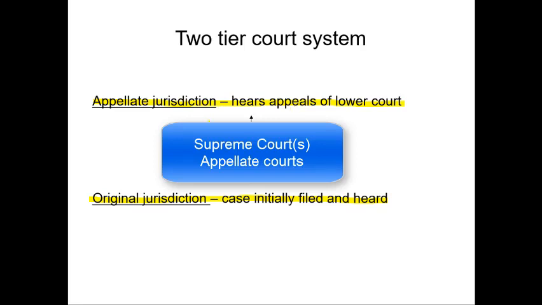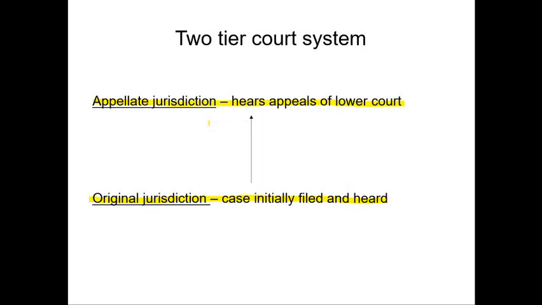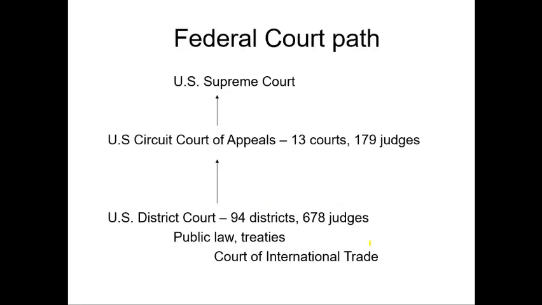So, as we'll see when we look at the federal and state systems, every system is generally structured in a two-tier court system, where you have original jurisdiction, which means that's where the case is originally filed, and then the appellate jurisdiction that is accepting an appeal from a lower court. So that's very generally what that means.